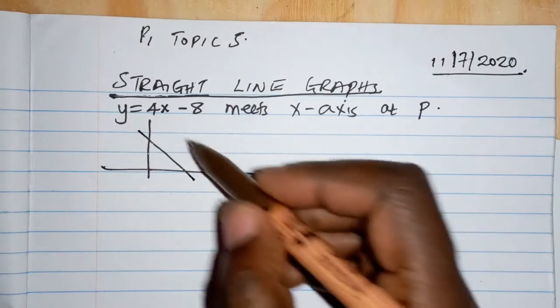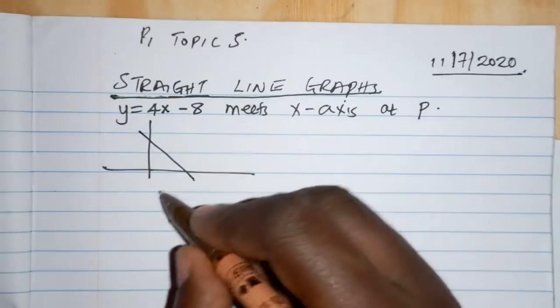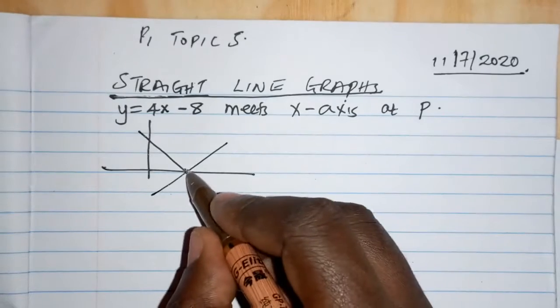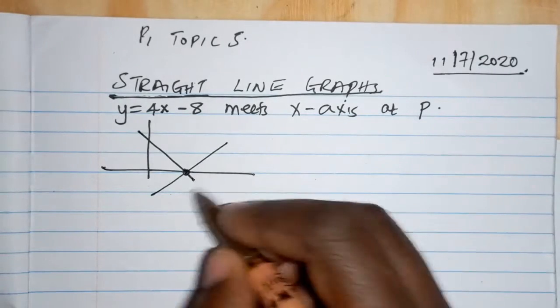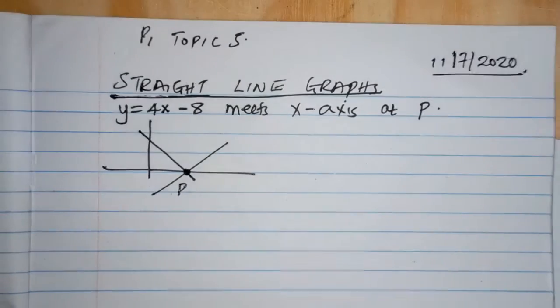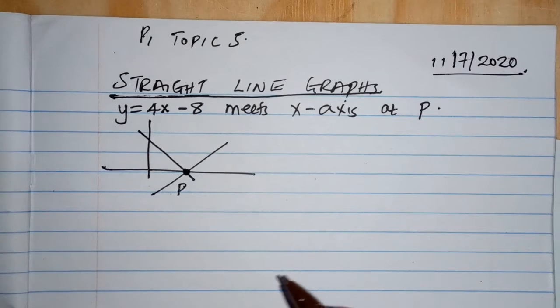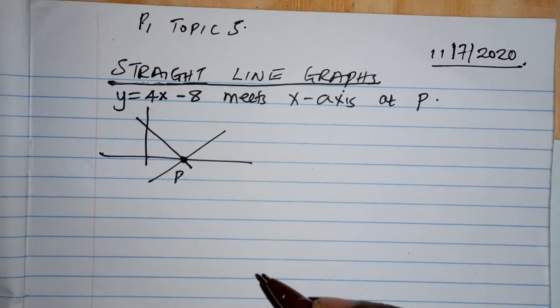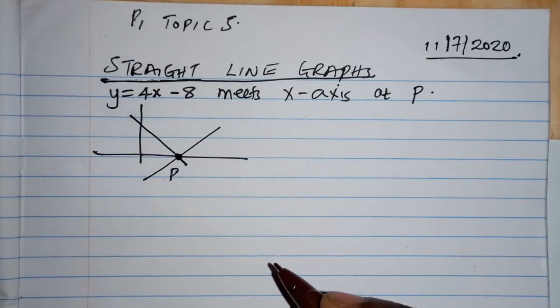It can be anything; of course, the gradient is positive, so we are talking about such a line. It meets the x-axis at point P, and we are expected to give the coordinates of point P.